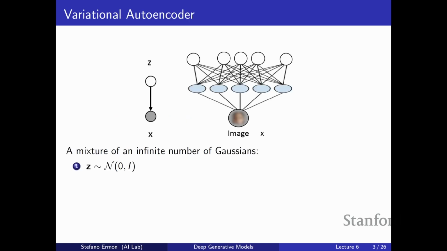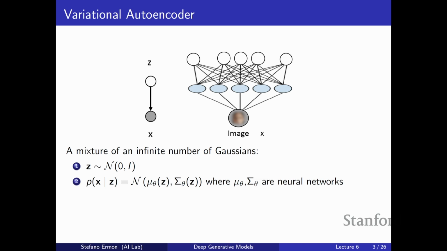As a recap, we're talking about a kind of generative model called the variational autoencoder, often denoted VAE for short. In the simplest form, it's a generative model where you first sample a simple latent variable z, for example, by drawing from a multivariate Gaussian distribution with mean zero and covariance the identity matrix, the simplest distribution you can think of.